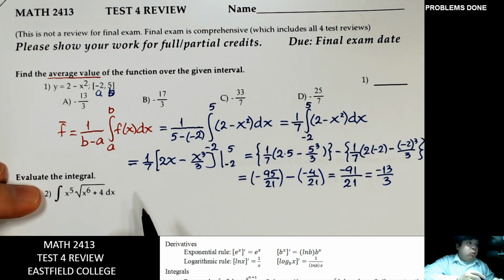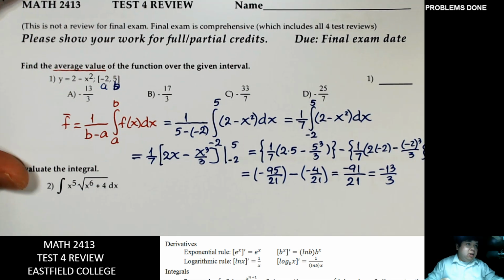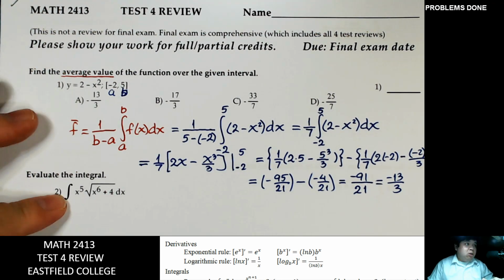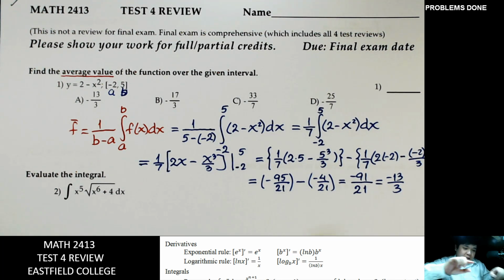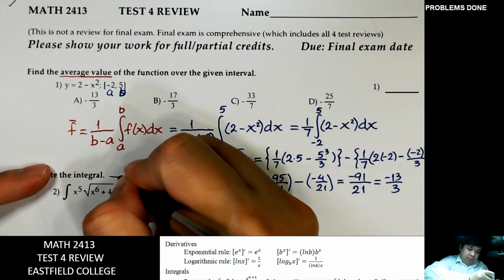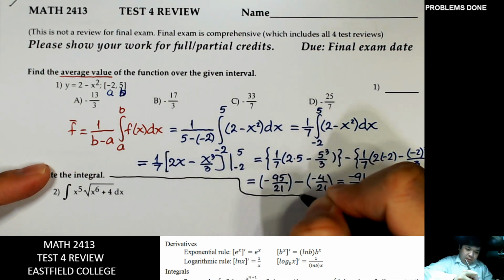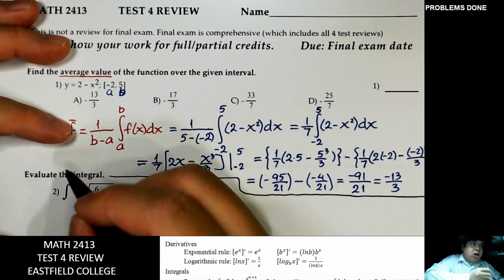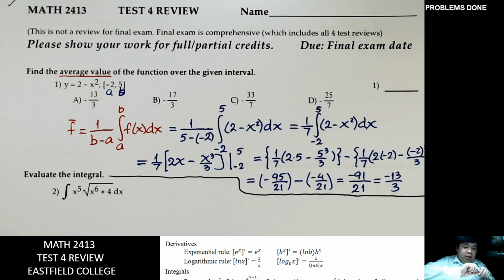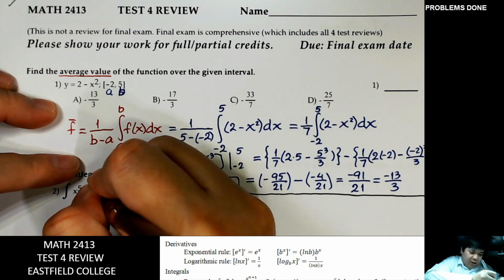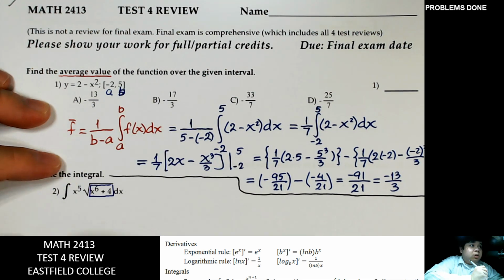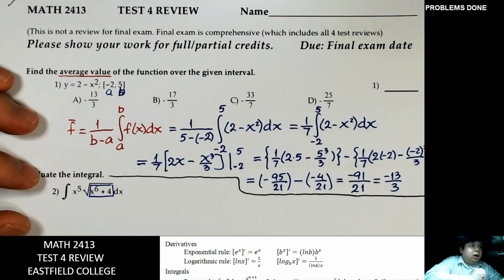Right, now we do a lot of substitution in the integral. Right, let's look at this one. So for this one, we will let x to the 6 plus 4 be u.